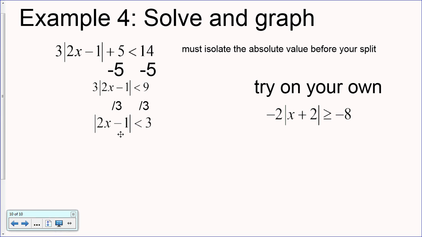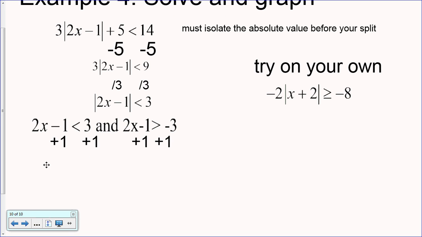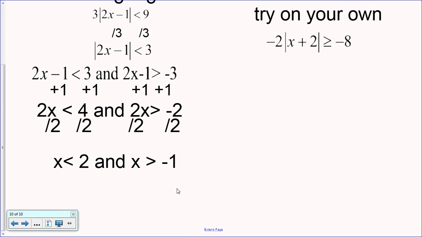Okay? Now I can split that to be 2x minus 1 is less than 3, and it's the less than symbol, 2x minus 1 is greater than negative 3. Add 1 to both sides for everything. You get 2x is less than 4 and 2x is greater than negative 2. Divide everything by 2. Comes out to be x is less than 2 and x is greater than negative 1.